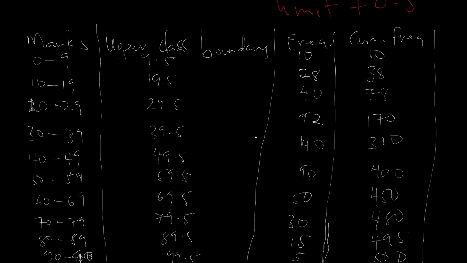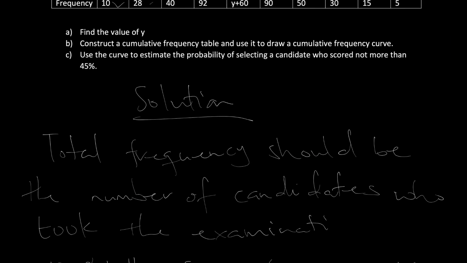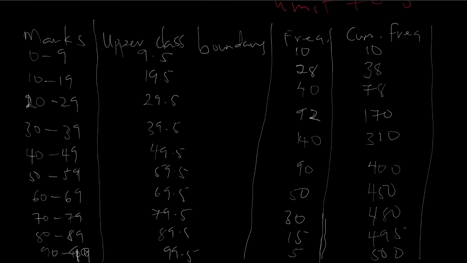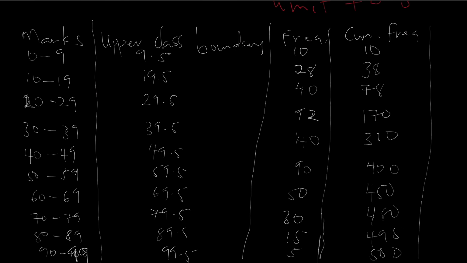So moving on to the next question. It says, use the cumulative frequency table to draw a cumulative frequency curve. All right. So we have our y-axis. These are x and these are y.